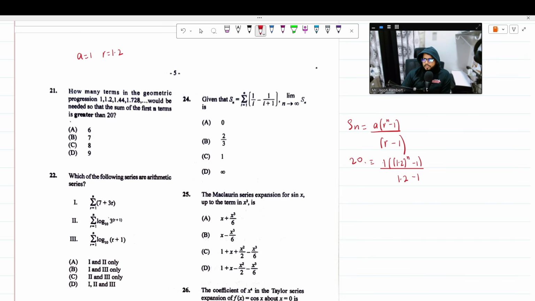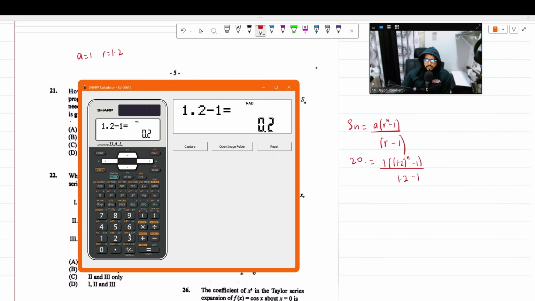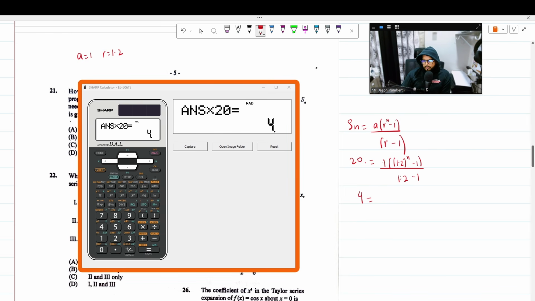I'll go down and see when it is equal to 20. 1.2 minus 1 is 0.2. I'm just double checking. Multiply that by 20, again, 4. 1 multiplied by that is 1.2 to the power n minus 1. Bring the 1 across, I get 5. 5 is equal to 1.2 to the n.